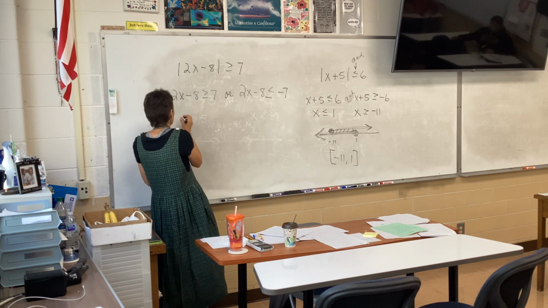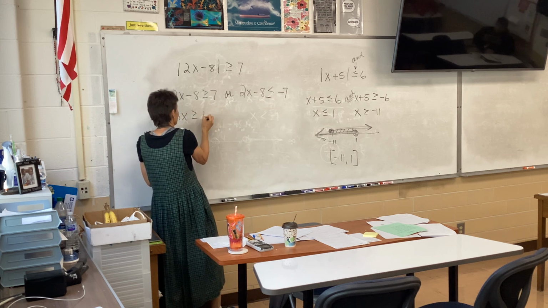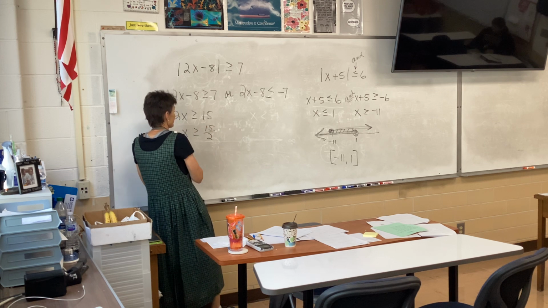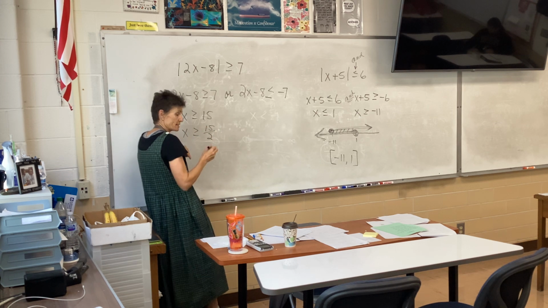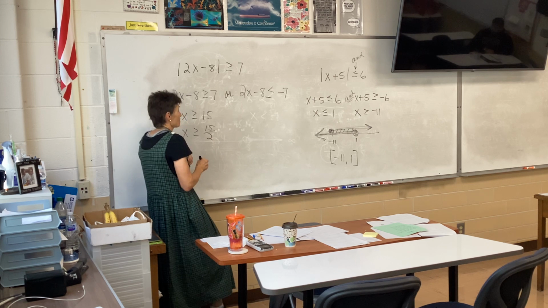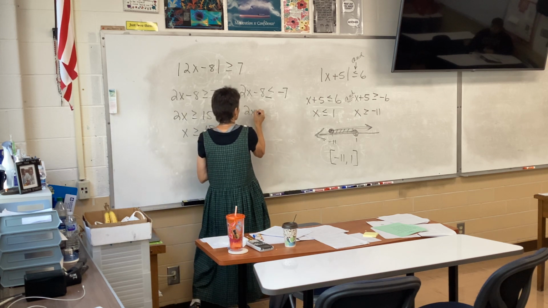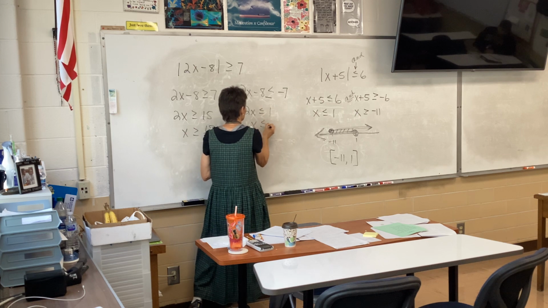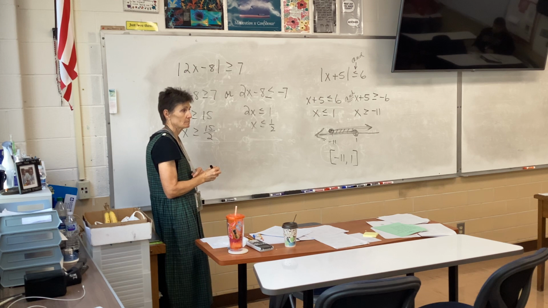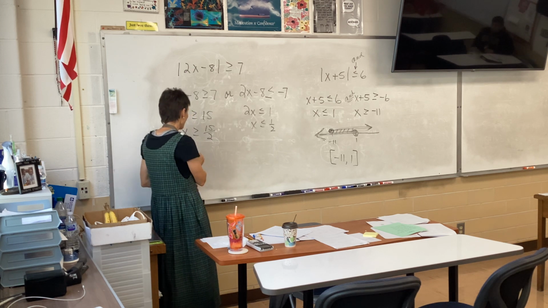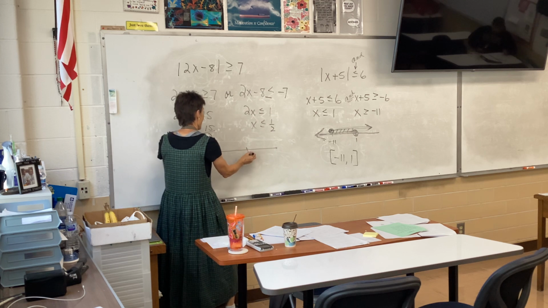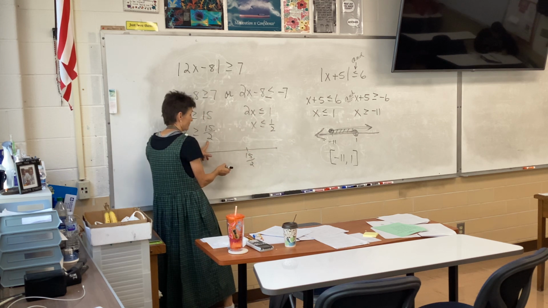Okay, here we go, let's solve. So we'll add 8 and divide. So I got 15 halves. You can say 7.5 if you want, doesn't matter one bit. And then over here, I got 1 half. So I'm gonna go to my number line. 15 halves, or 7 1/2.